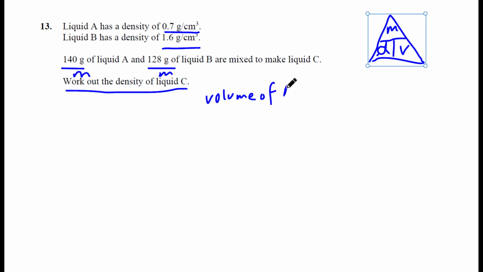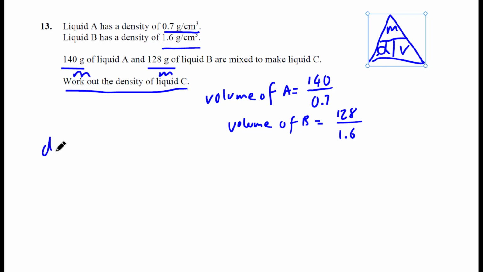So the volume of A is going to be the mass of A divided by its density. The volume of B equals 128 divided by 1.6, and that will give us a start, because to work out the density of C we're going to need the mass and the volume of the liquids combined.